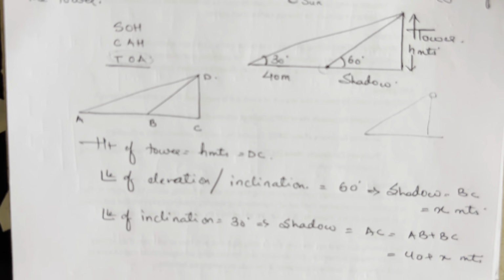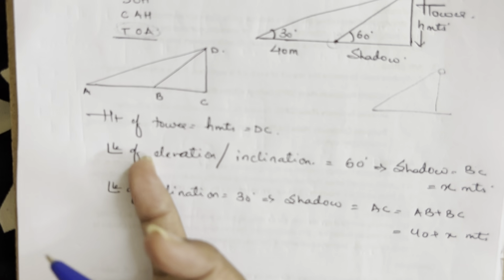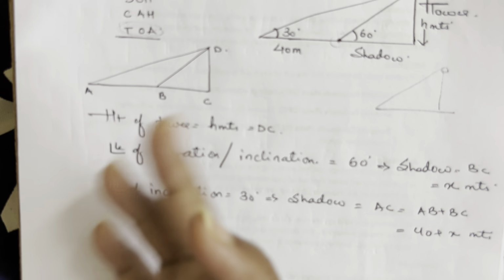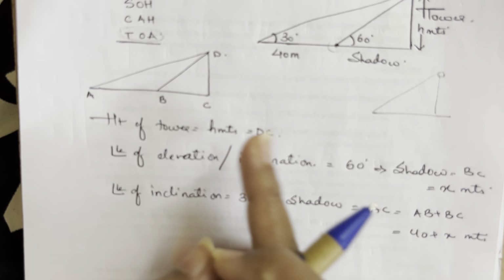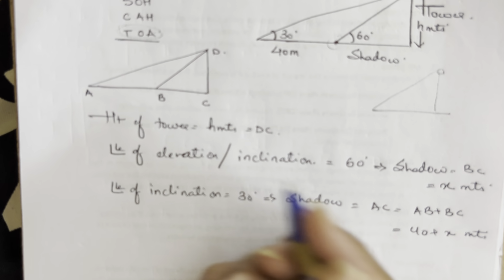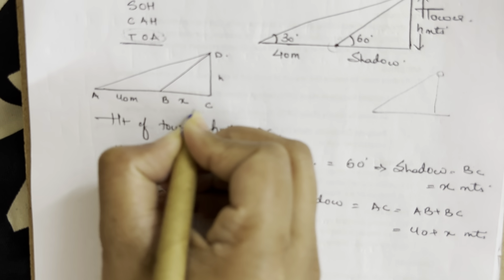Now let's take any one triangle, because here everything is unknown to us. If you take this or the bigger one, it doesn't make much difference. Let's just write 40 meters here. This is x and this is h.